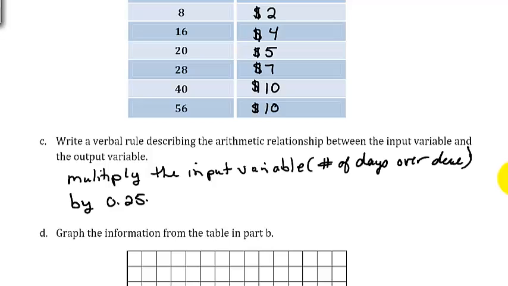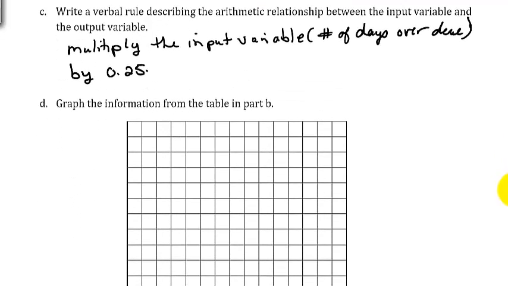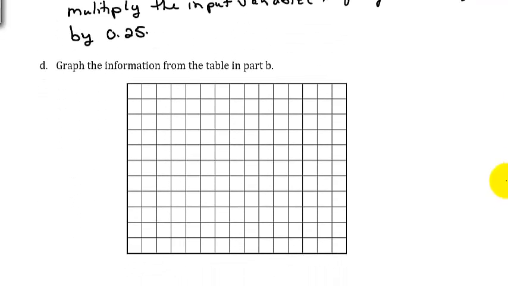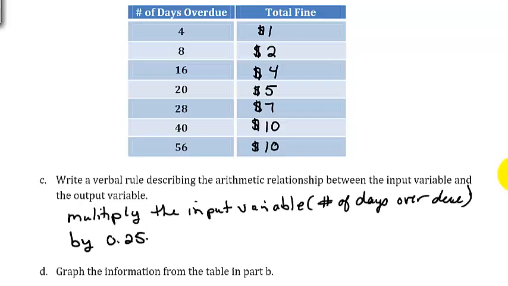Now we want to graph the information in the table on this graph. And so again, the input variable always goes on the horizontal axis down here, and the input variable is the number of days overdue.